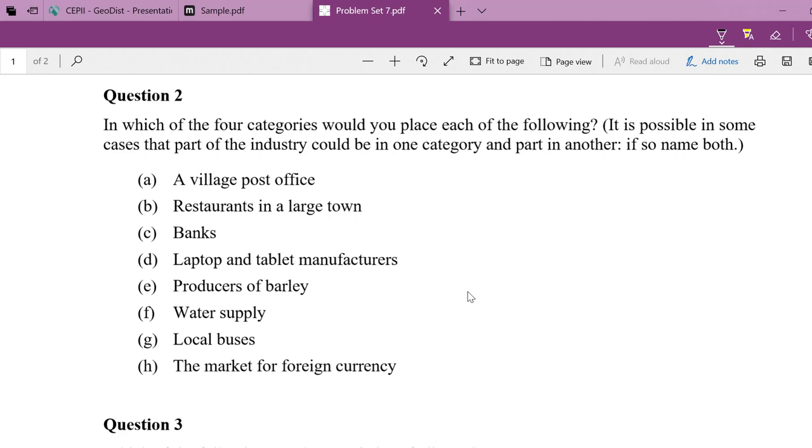Banks. How about banks? Monopolistic competition? How many banks do you have there? Too many. It has to be too many for monopolistic competition, though. Yeah, a lot. I thought monopolistic competition is many. But we have very, very large ones dominating the British market. Oligopoly, isn't it?